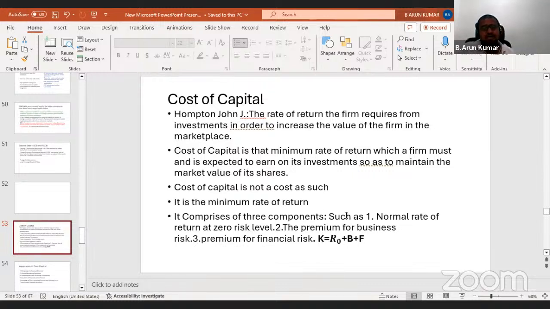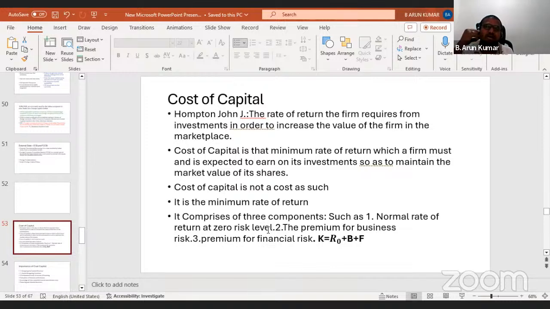Third one is it comprises three components: the normal rate of return at zero risk level, the premium for the business risk, and the premium for the finance risk. So it is a combination of three concepts. First, the normal rate of return. Any investor who wants to invest some money in a company thinks that they should get more rate of return compared to the bank rate.